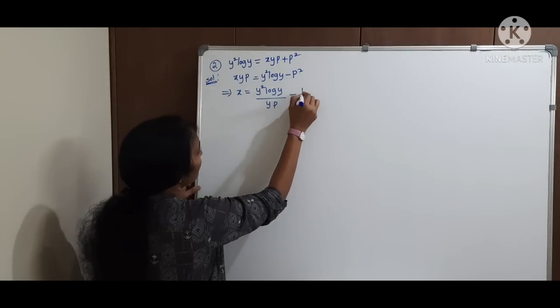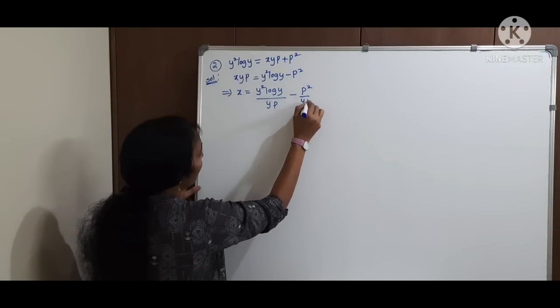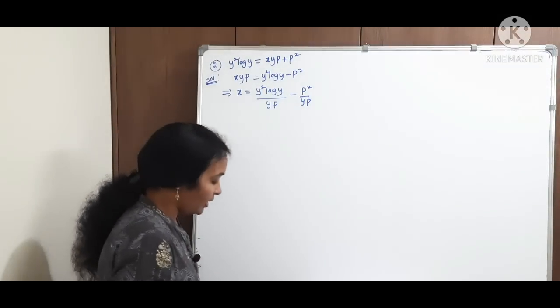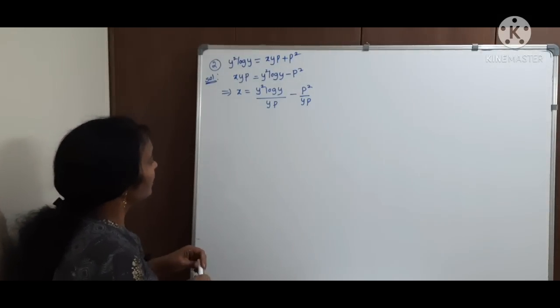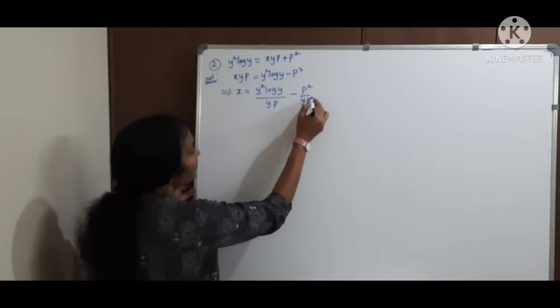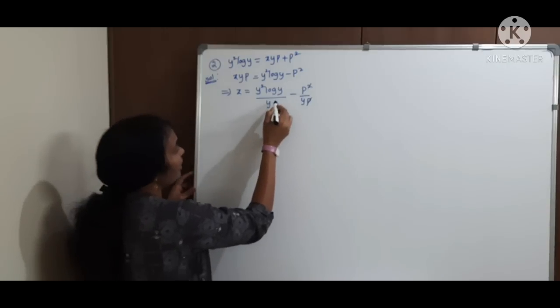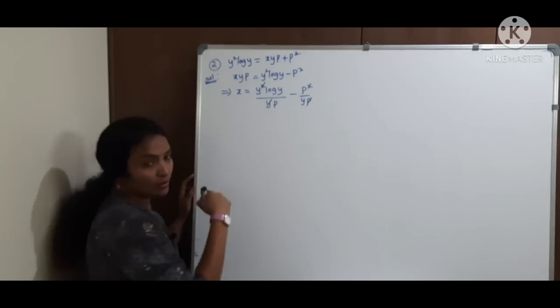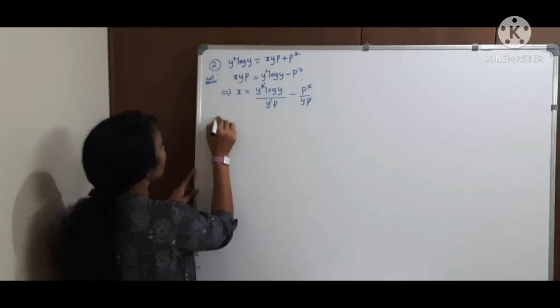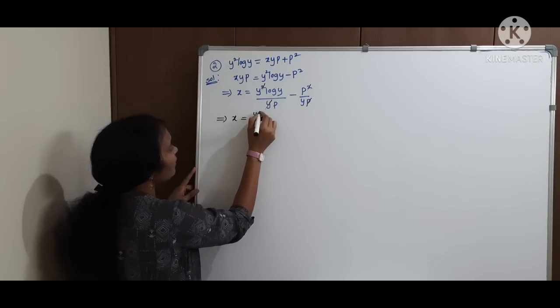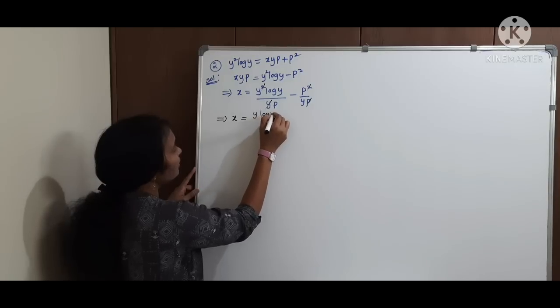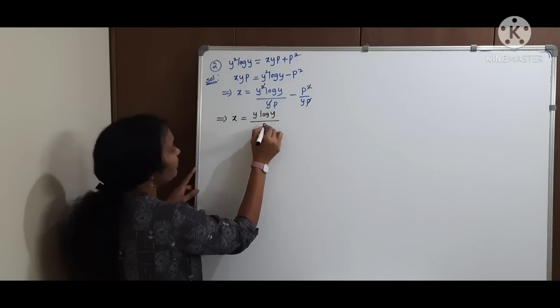Then what does this become? p square by yp, right? Now see how I simplify this. First of all, how does this become? Here p cancels and y is also cancelled. Then what is the remaining term here? x is equal to y log y upon p.